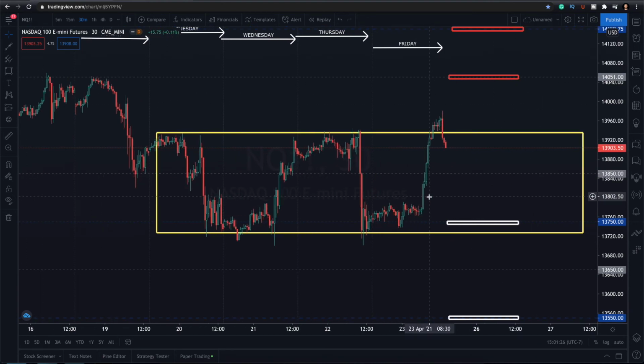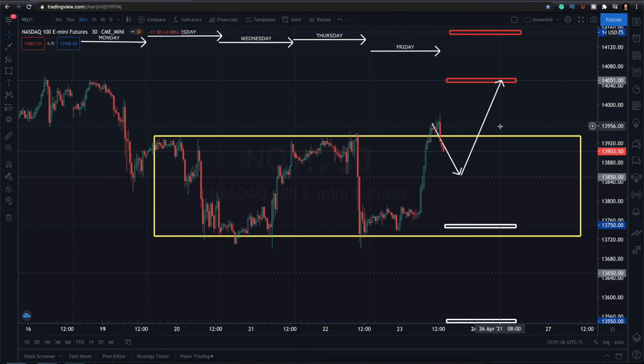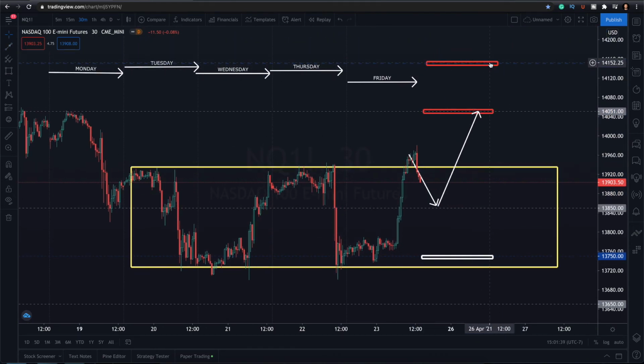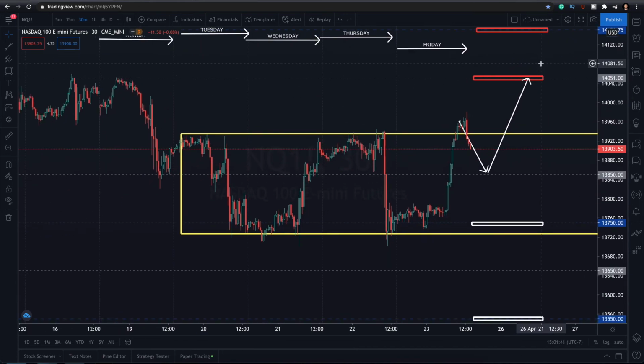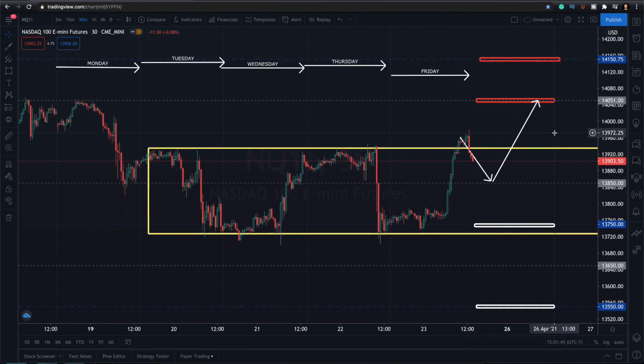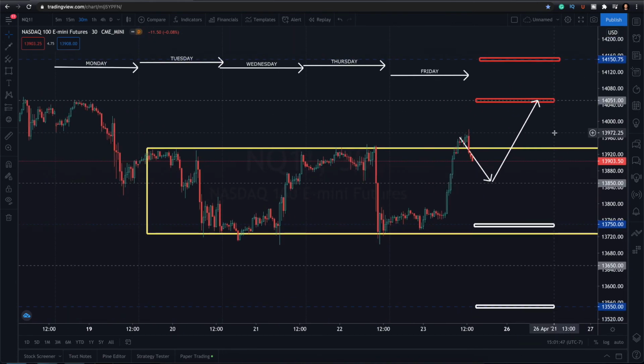This is what I'm expecting. So this is my plan for Monday. I want to see a small pullback and a continuation out of the range, which should take us straight up to 14,150.